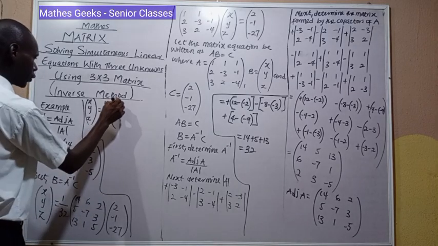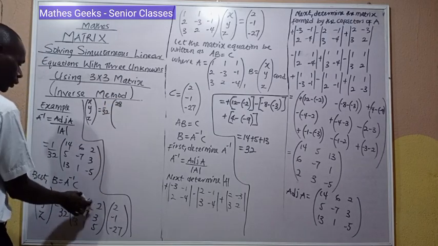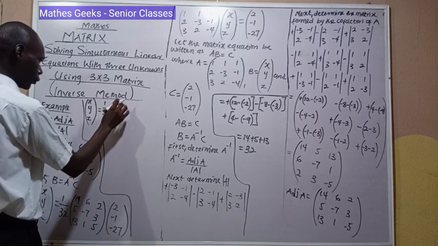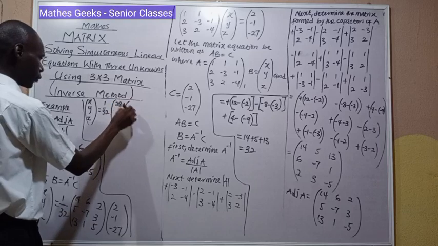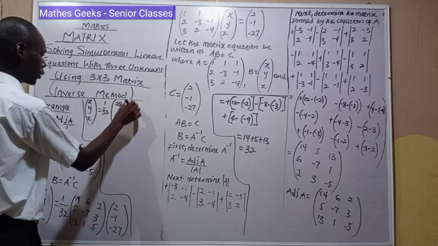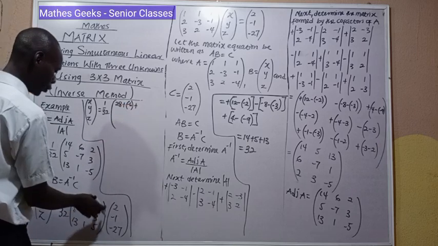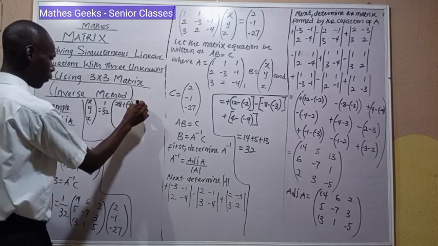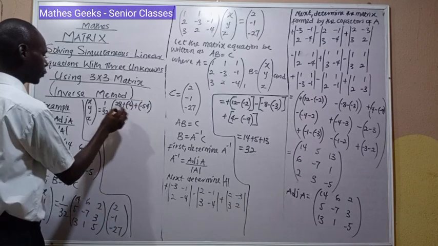x, y, z is equal to 1 over 32. 14 times 2 is 28. 6 times minus 1 is minus 6, plus 2 times minus 27 is minus 54.